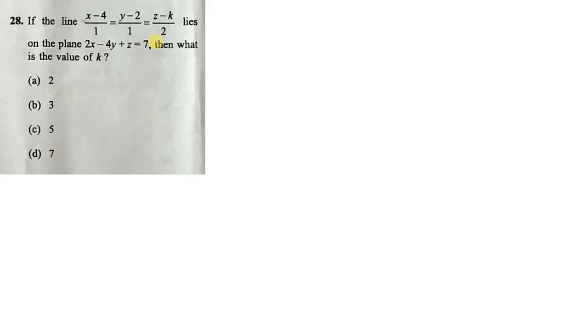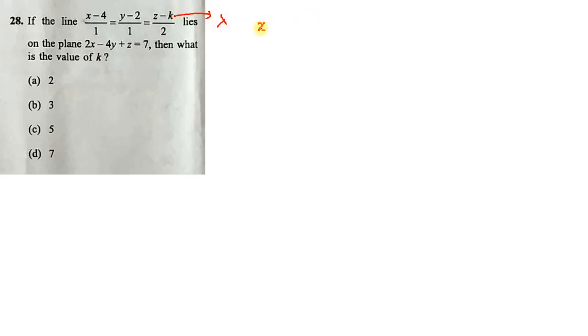minus 2 upon 1 is equal to z minus k upon 2 lies on this plane, then what is the value of k? Again, let's say these values are equal to lambda.